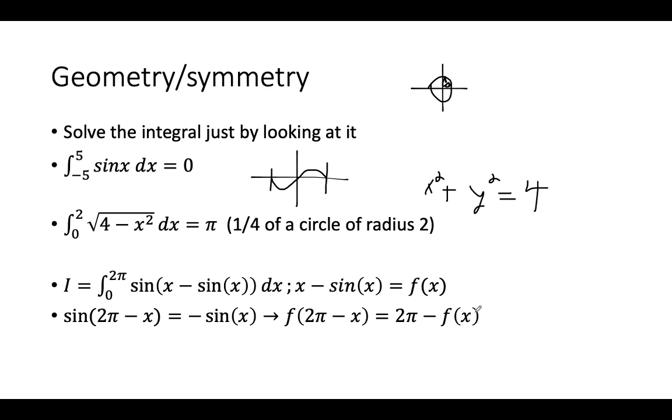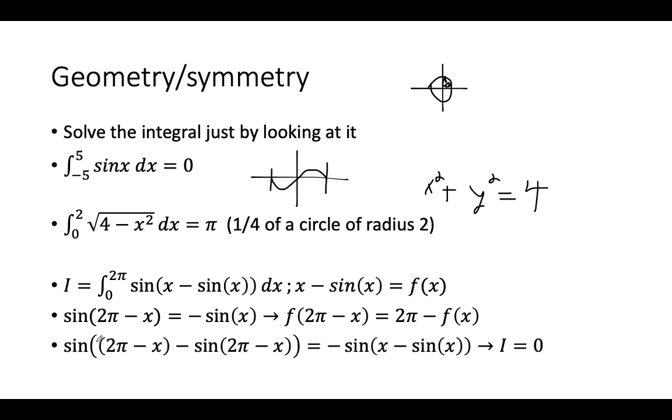And you'll notice that if we plug this again into sine, this is going to be the negative sine of (x minus sine of x), because of the same rule as before, right? Sine of (2 pi minus x) is minus sine of x. So sine of (2 pi minus f of x) is minus sine of f of x, right?